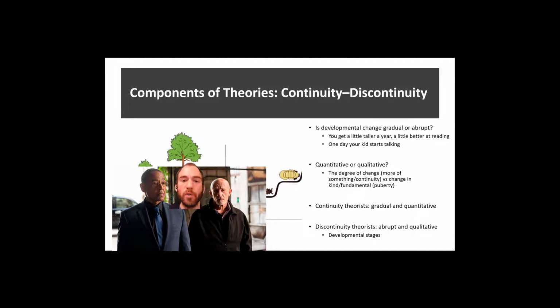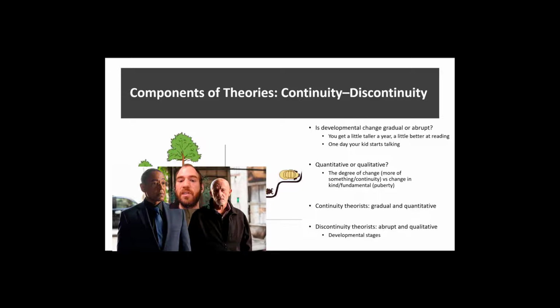You have two approaches, gradual and quantitative, kind of just going at a slope, going uphill. You're just grinding, chugging away. You're developing a little, versus abrupt, a more step process, a qualitative shift in an individual, a psychological process, whatever.